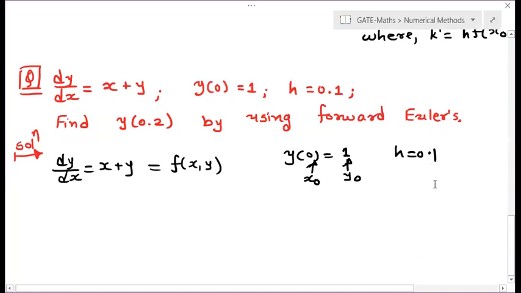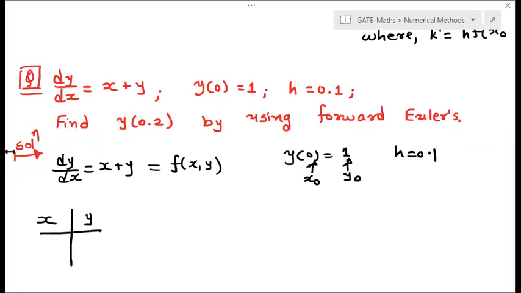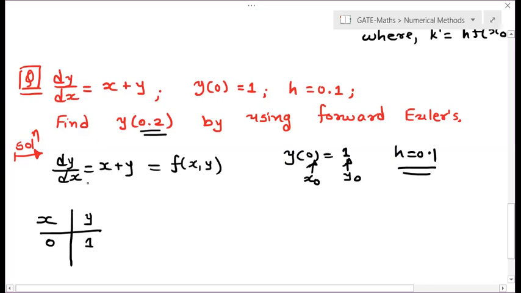For this type of question, first make a small mini table so that you can identify which position you are at and where you have to move. Your initial condition is x equal to 0, y is 1, with step size 0.1, and you have to reach 0.2. That means you have to find the value of y when x is 0.2.